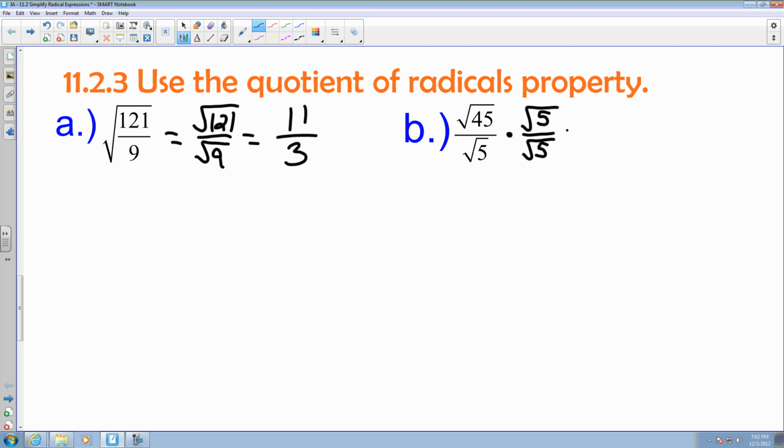So if I equal this out, that gives me the square root of 225 divided by 5. And the square root of 225 actually gives me 15 divided by 5, and this comes out as 3.